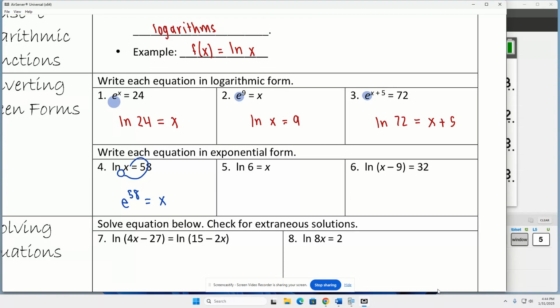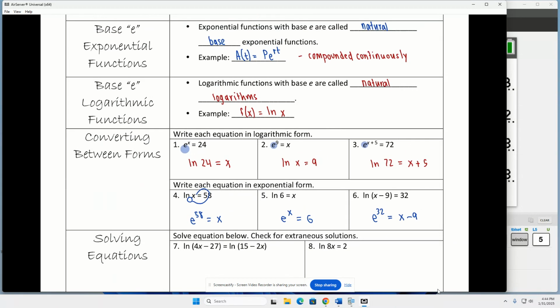So on number 5, what's the base? Base e. Do the loop, e to the x equals what? 6. And then number 6, ln, so I know it's understood, base e. Do the loop, e raised to the 32nd power equals x minus 9. So very simple. Okay, let's not make it hard.